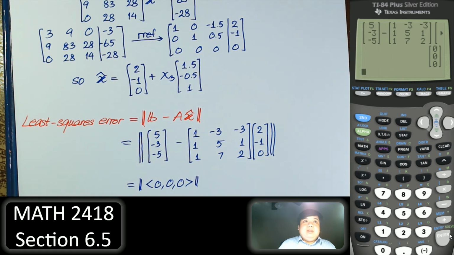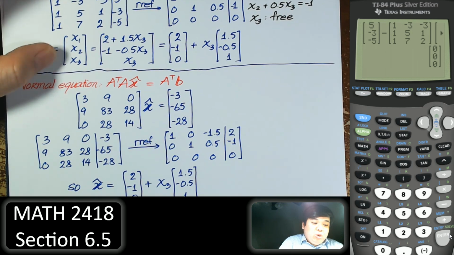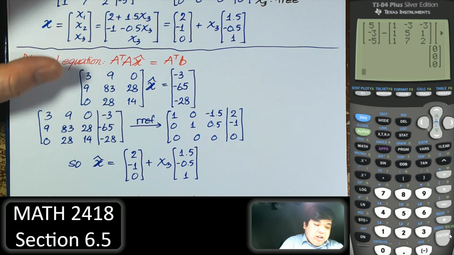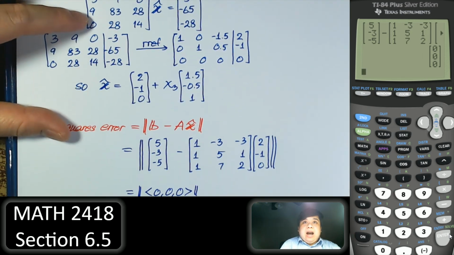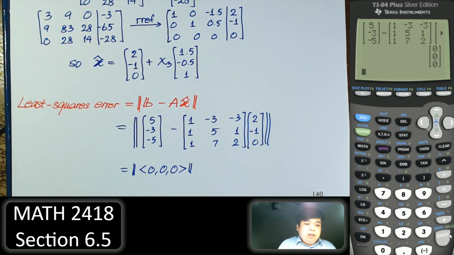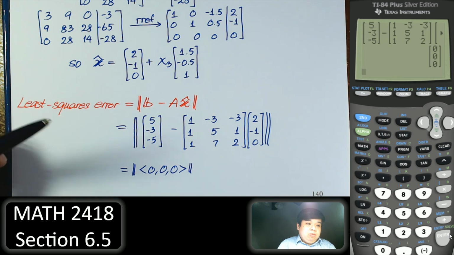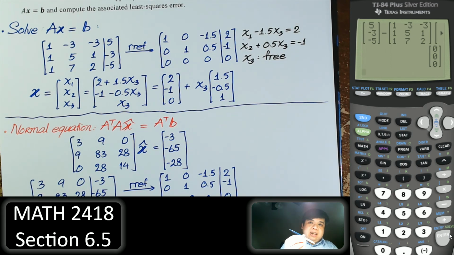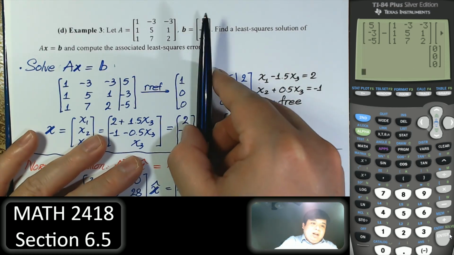So what does that mean? In this case, as we see, the exact solution and the normal equation solution are the same. That's why we said if we have the vector that is inside of the space.